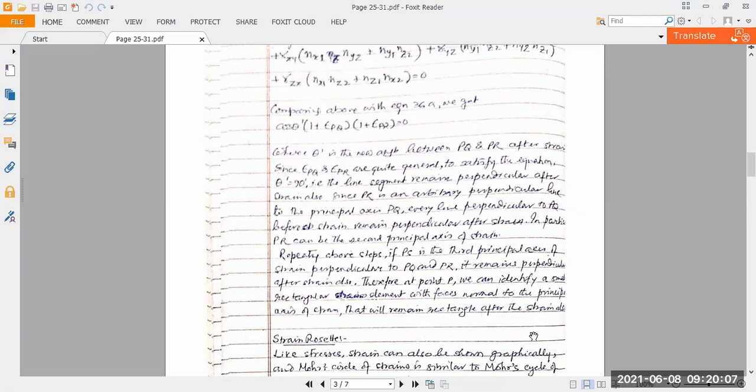If we make a cube or a rectangular element with faces as per PQ, PR and RS, then that will remain a rectangle after the strain also. The in-between angle is not changing, so the rectangle remains exactly a rectangle. It does not become a rhombus itself.